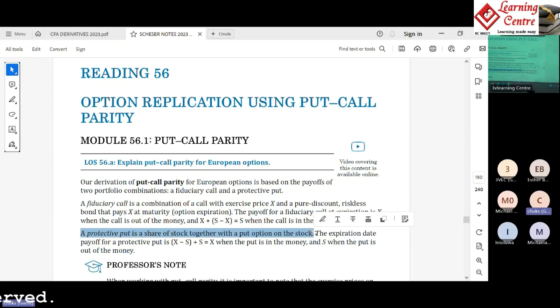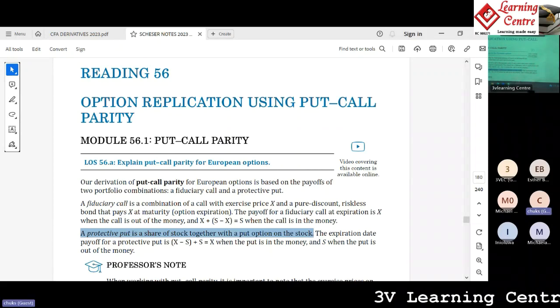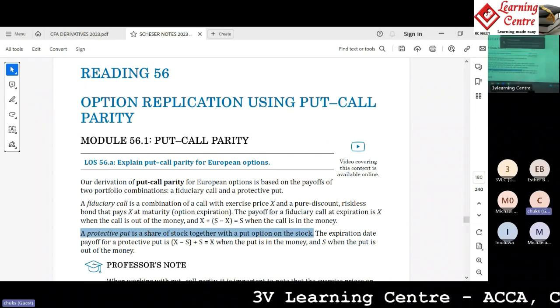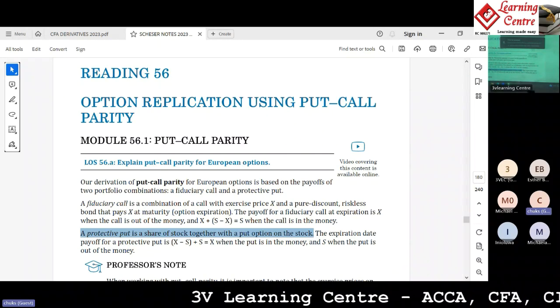So that's the put side. For the call side, which is the fiduciary call, it's basically the same thing, just opposite from a different direction. For the fiduciary call, remember the call is that you are buying.